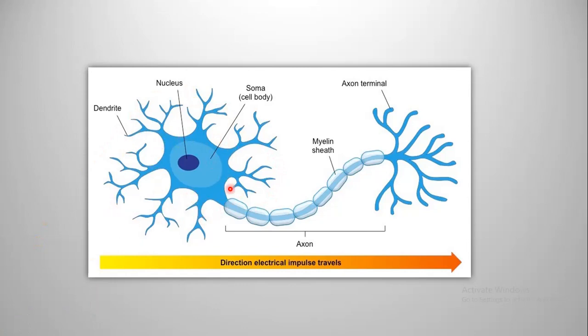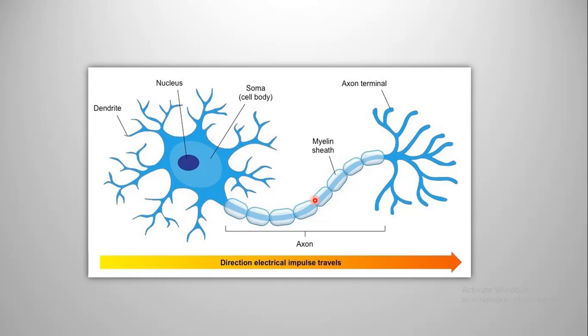The cell body is the central hub of all sorts of synthesis and other stuff, and the axon is the terminal through which the neuronal impulse, the electrical impulse, travels.